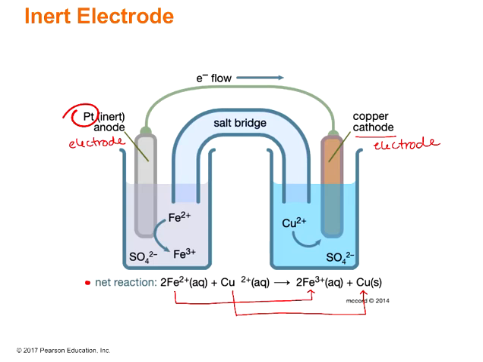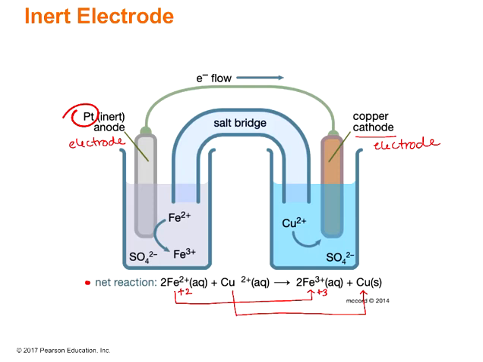Okay, so how did I know that copper was on the cathode side and platinum was on the anode side? Or the iron was on the anode side? Iron is, again, starting out as a 2+ ion, so its oxidation number is +2, and then its oxidation number in the products is +3. So is that losing or gaining electrons? It's losing an electron, right?